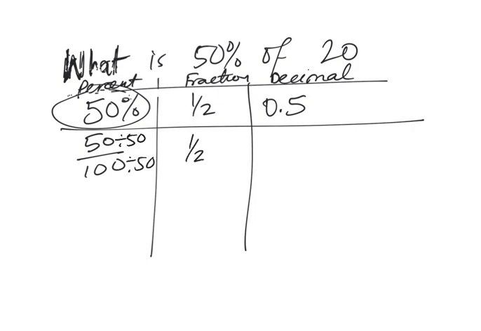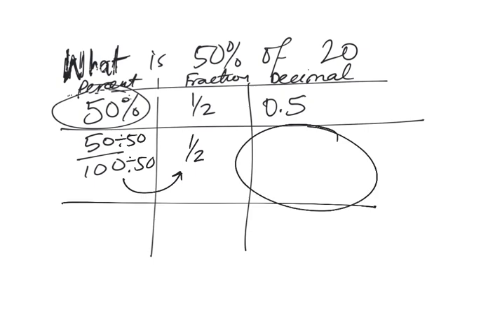So you can convert from percents to fractions by simplifying the percent to the simplest form of a fraction. That's how we convert it there. When we want to convert to decimals, if it's divided by 100, like 50 over 100, we just move the decimal place twice to the left, which becomes 0.5.